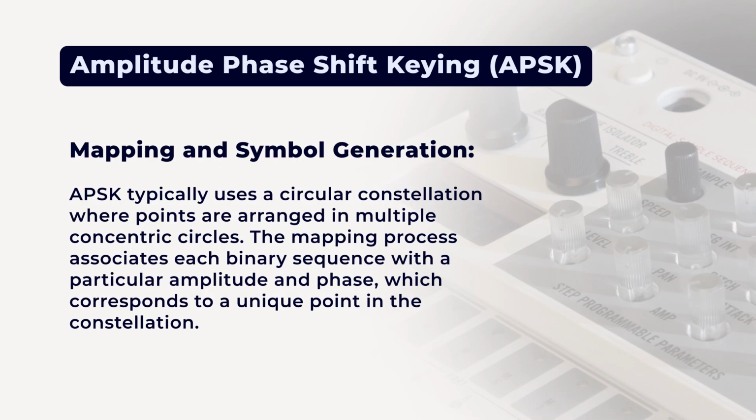Mapping and symbol generation. The binary input data is mapped to a specific symbol in the APSK diagram. APSK typically uses a circular constellation where points are arranged in multiple concentric circles. The mapping process associates each binary sequence with a particular amplitude and phase, which correspond to a unique point in the constellation.